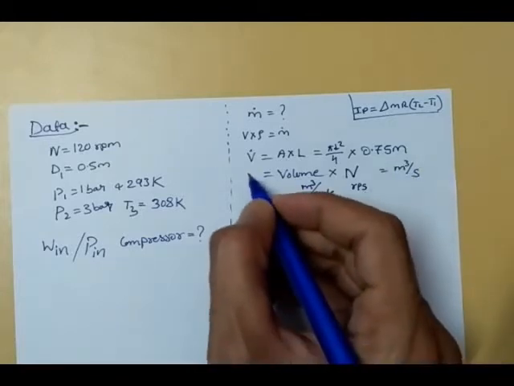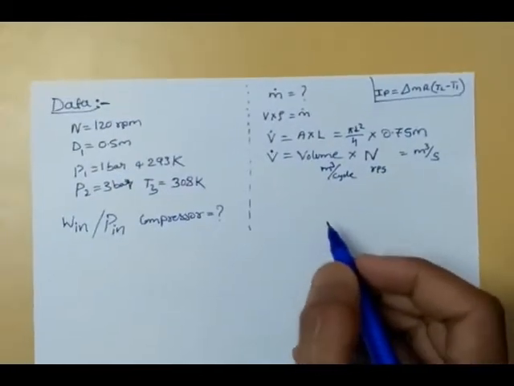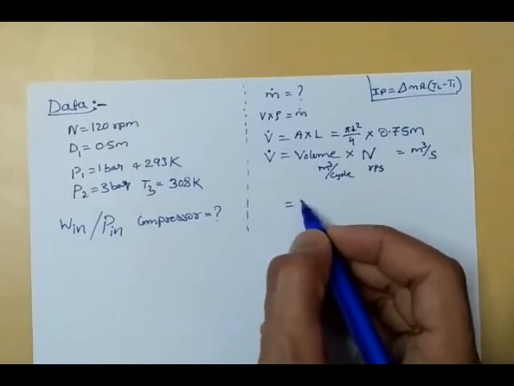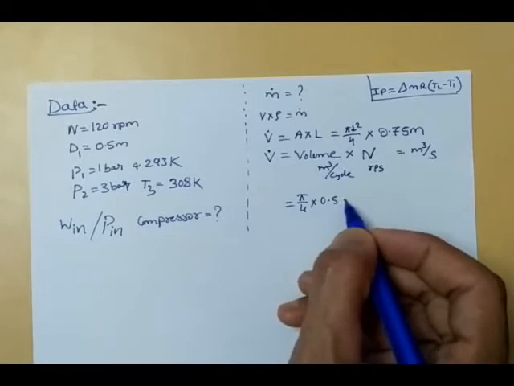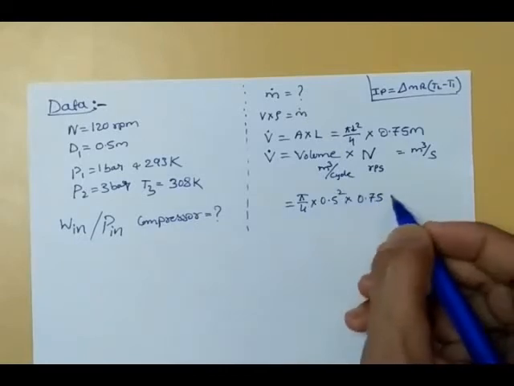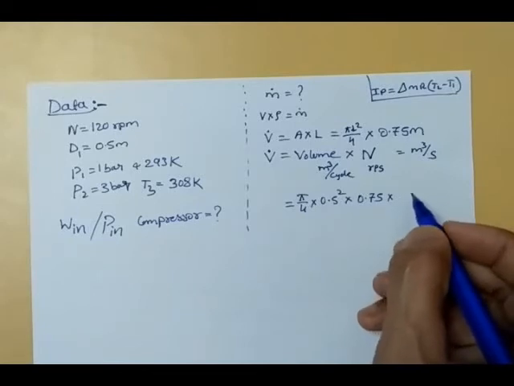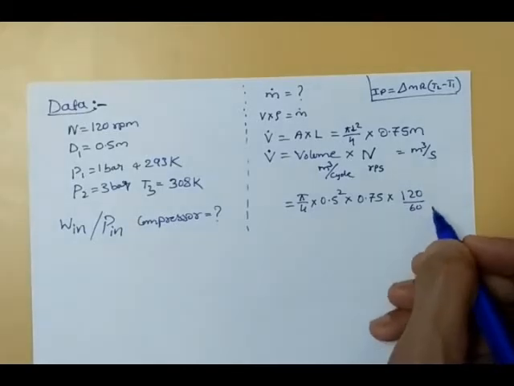Then it becomes V dot, volume flow rate. So if I substitute the values, pi by 4 into 0.5 squared into 0.75 into 120 by 60.